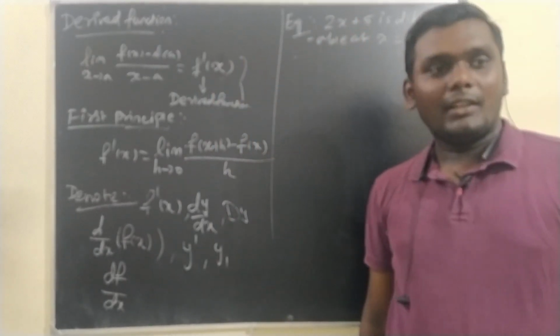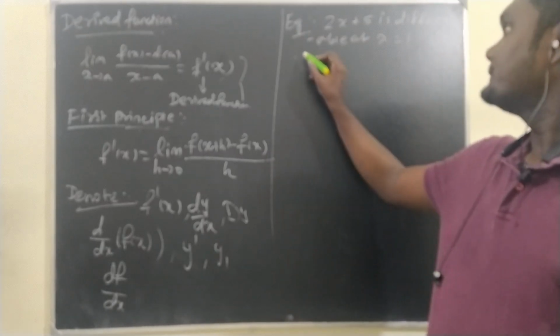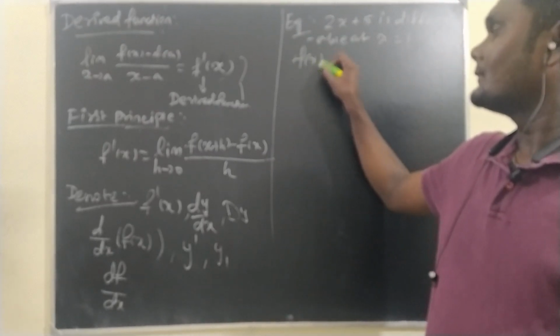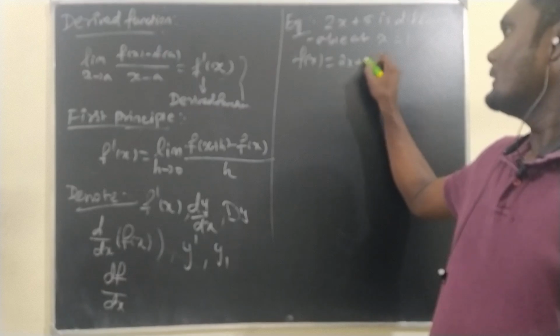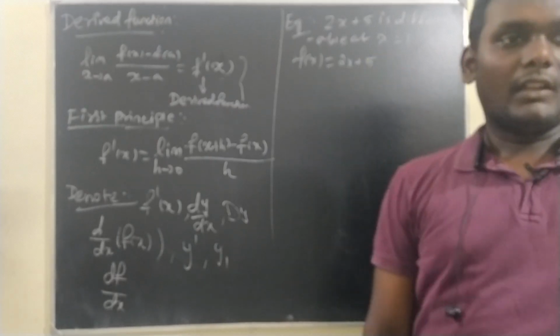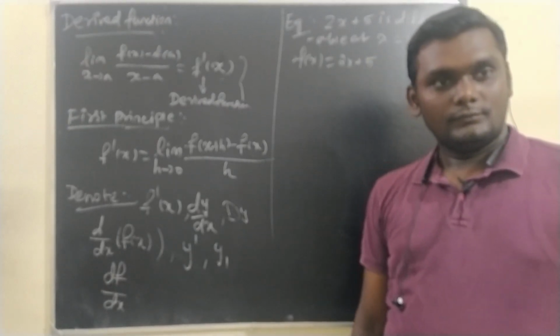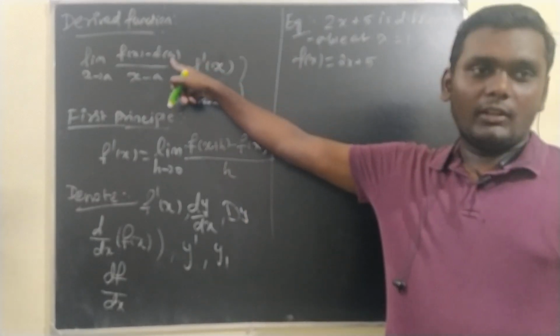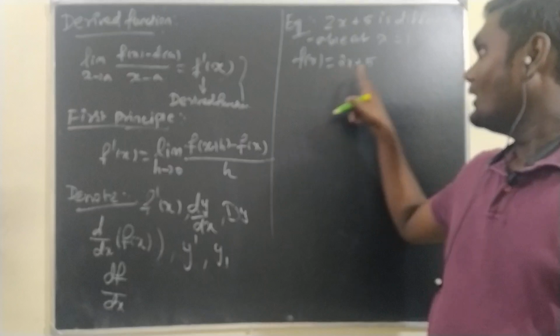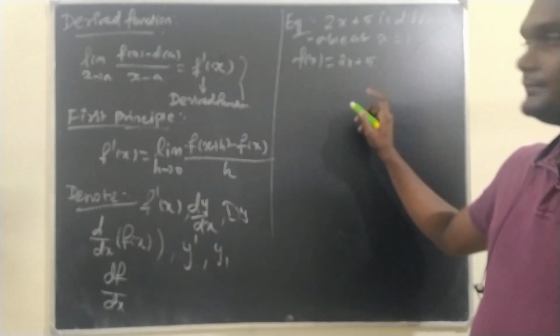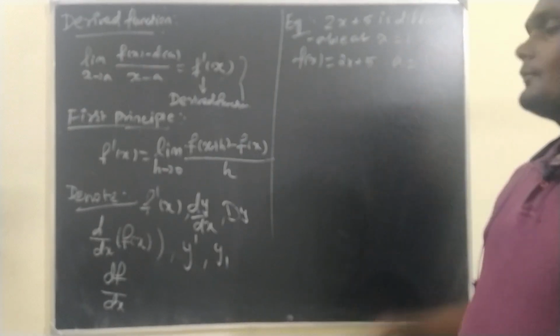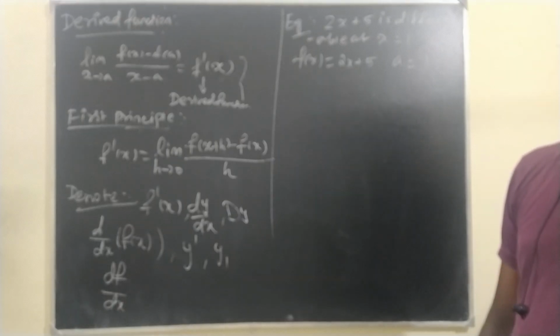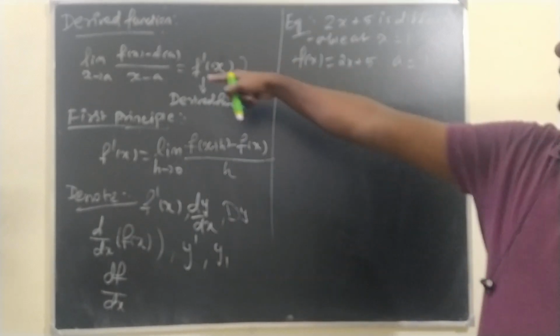First we need to identify what is f of x. What is f of x? 2x plus 5 function. At the point a, like we wrote here. Here this x approaches where? 1. So substitute this in that formula.